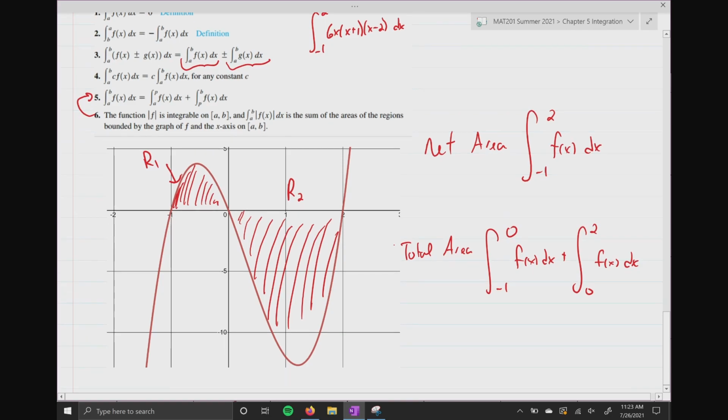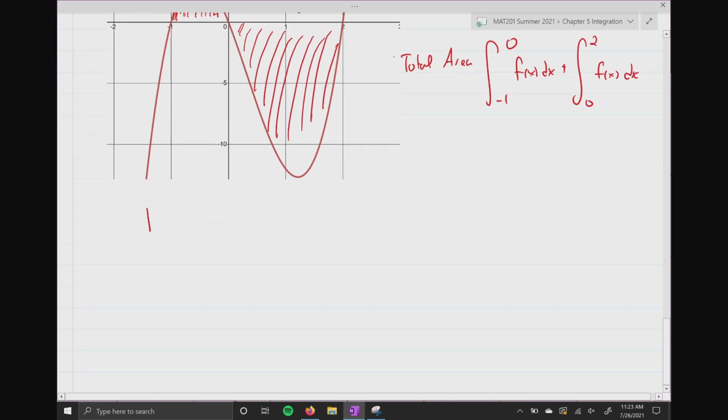Remember, the definition of the absolute value is a piecewise defined function that says the absolute value of x is x if x is greater than or equal to 0, or negative x if x is less than 0.